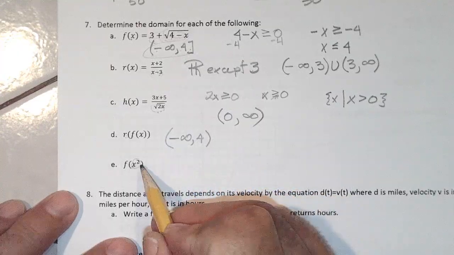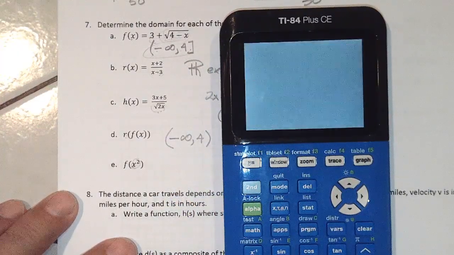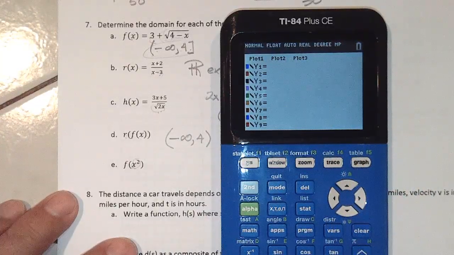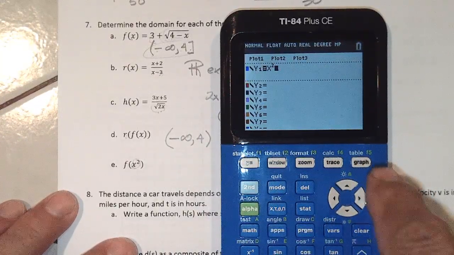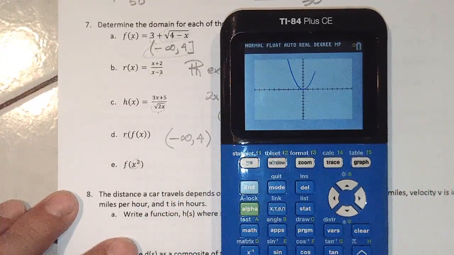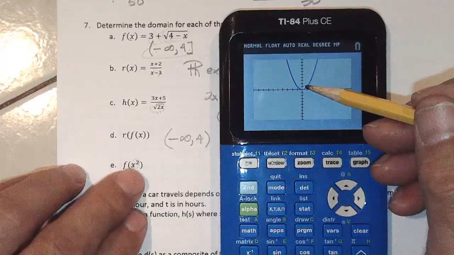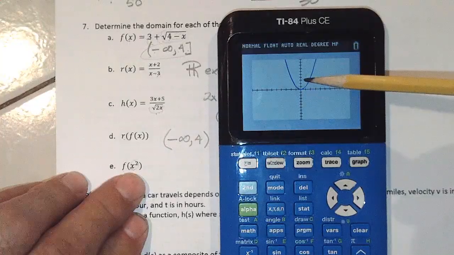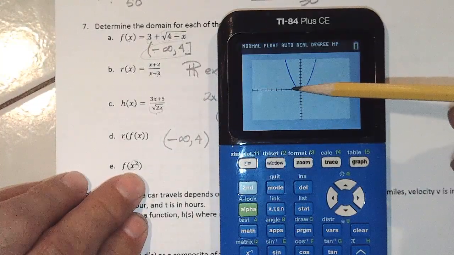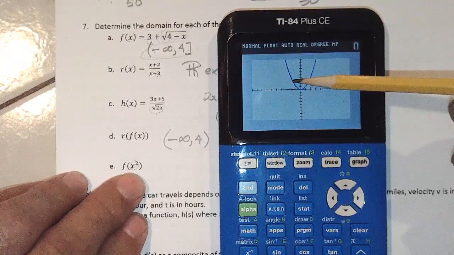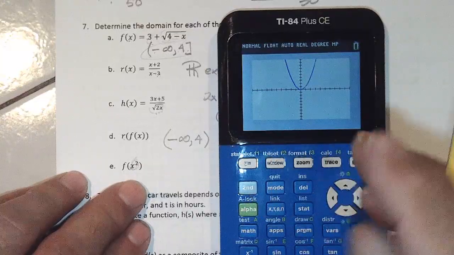If you look at x squared, y equals, clear, x squared, and I'll go zoom 6. If I want x squared to stay 4 or smaller, then I can only let x go from -2 to 2 so that the y values, what I get out of this, are less than 4.